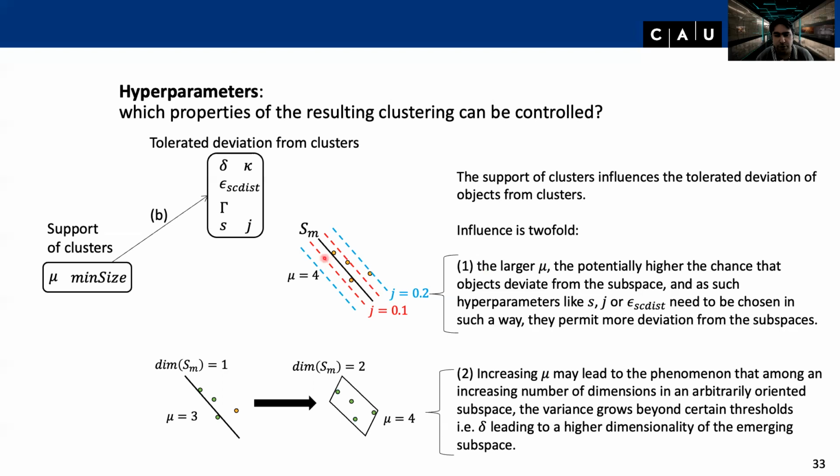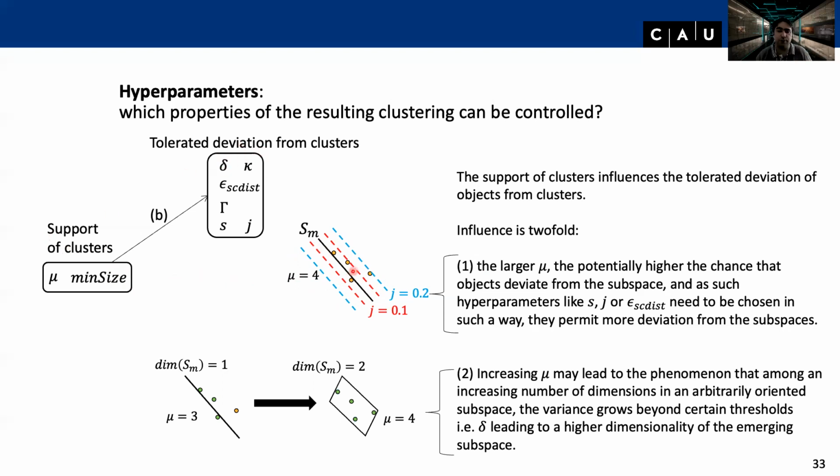I've got 1, 2, 3 objects in this red band that you see here, it's all fine. But if I choose min size as 4, then this is no longer satisfied and I'm forced, with mu or min size 4, to choose a larger tolerated deviation, J equals 0.2, so a larger band. This is one relation between the support of clusters and the tolerated deviation.